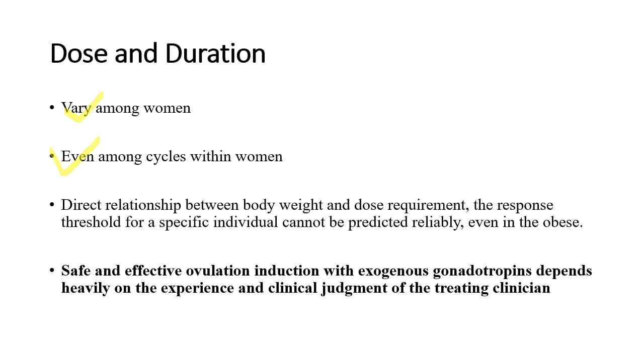Although there is a direct relationship between body weight and dose requirement, we cannot predict it reliably, and safe and effective ovulation induction with gonadotropins depends on the experience and clinical judgment of the treating clinician.